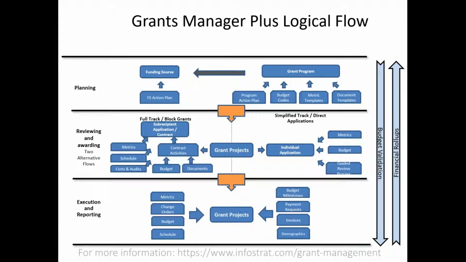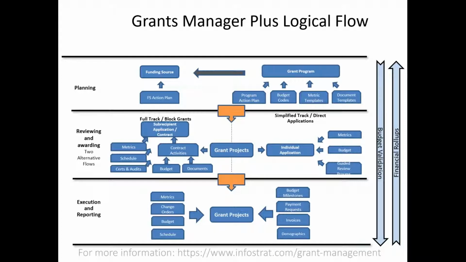This graphical depiction of the logical flow of Grants Manager Plus shows two types of grants, one on the left and one on the right. The simplified track allows you to monitor direct grants from the grantor to the grantee through an individual application.